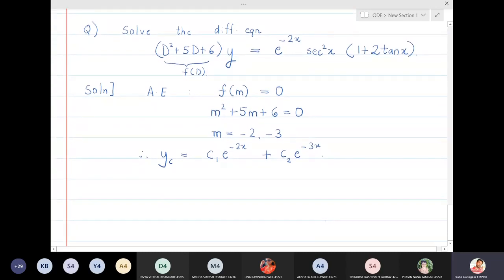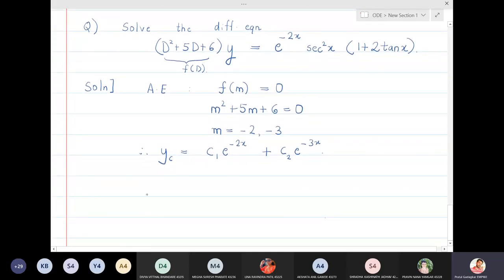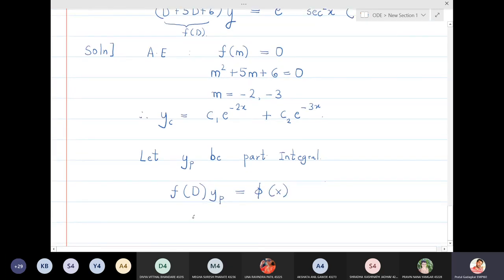So after this, we will now find a particular integral. So let yp be the particular integral. So f(D) yp is equal to phi of x. This means yp is equal to 1 upon f(D) phi of x.